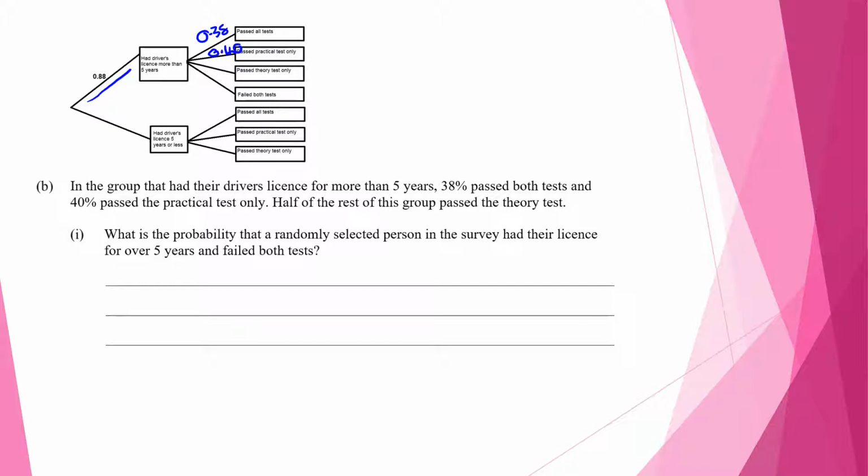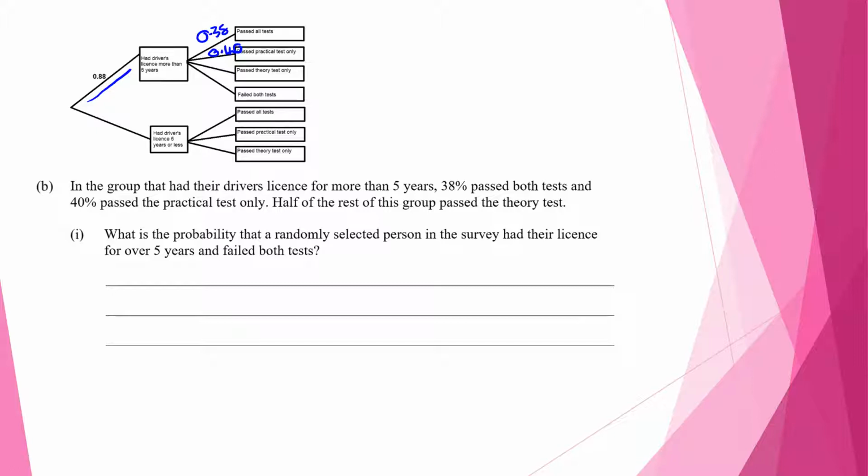Then it says half of the rest of the group passed the theory test. So we've got two more options left, and whatever's left over is split in two. We also know that all of those probabilities need to add to 1.